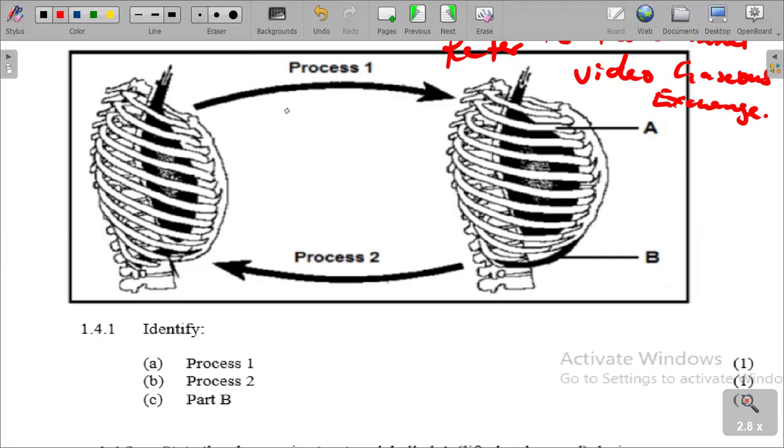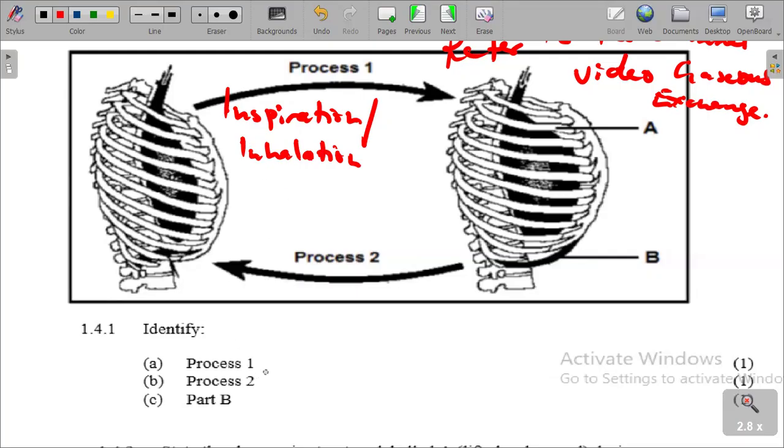This is shown by inspiration. Process 1 is inspiration. We can say inspiration, or we can say inhalation.